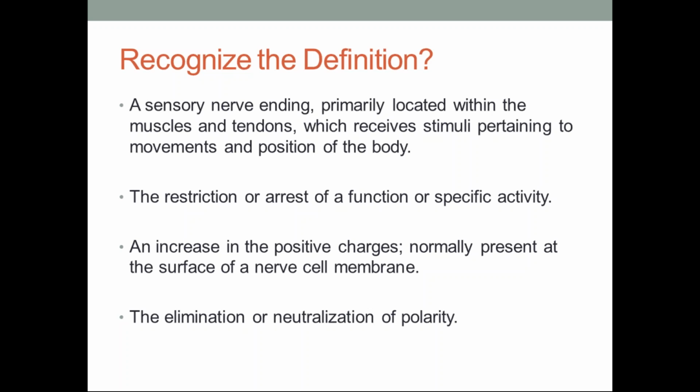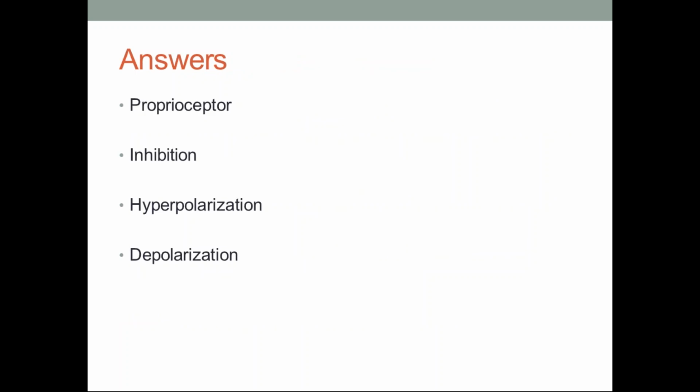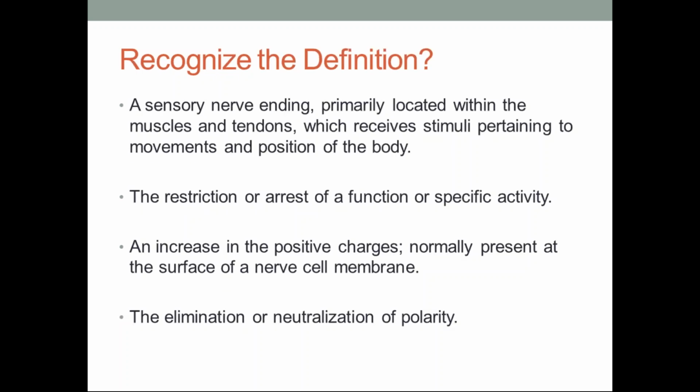This next one, don't even read it. Let's see if you can get it. This is referring to the outside of the cell membrane. Okay? An increase in the positive charges normally present at the surface of a nerve cell membrane. Because this is the opposite of what you would think. It's hyperpolarization.